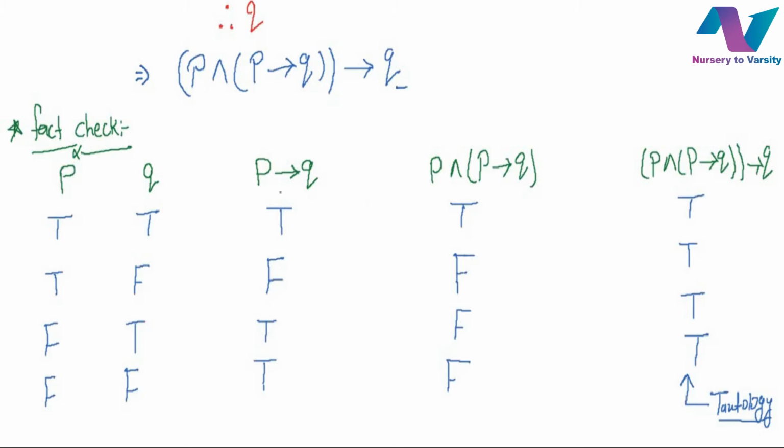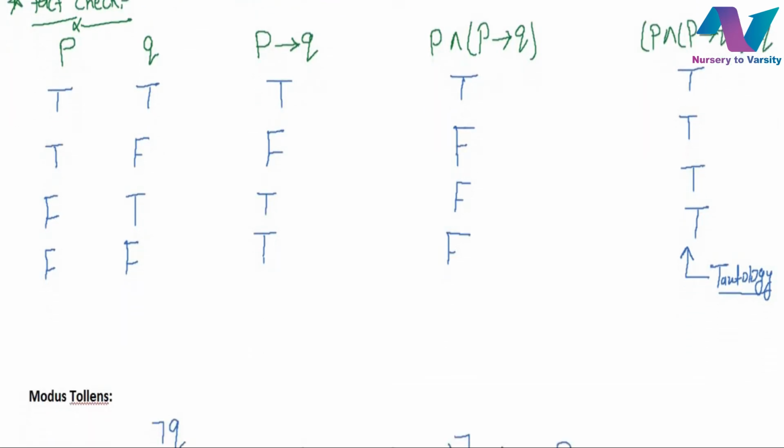Then applying P and the implication, we get T, F, F, F. When we consider the whole expression, in the last column we are getting true, true, true, true. If the last column is all true, then it is a tautology. So the modus ponens is proved as a tautology.